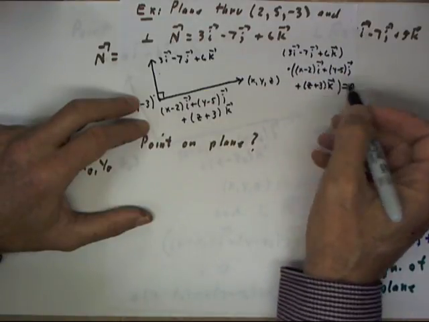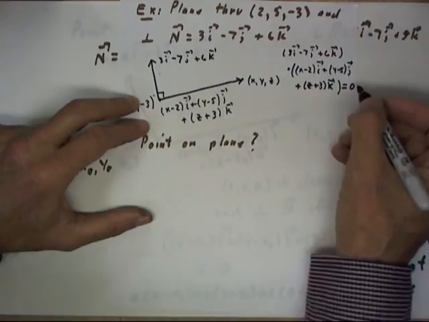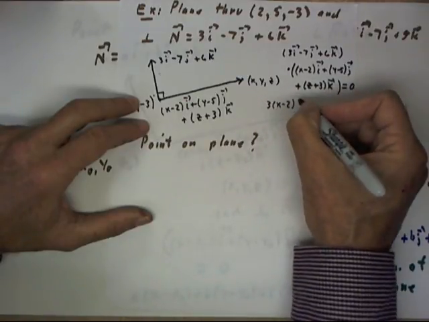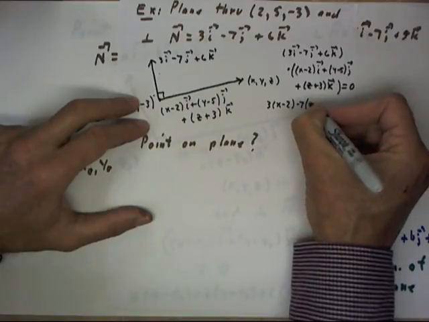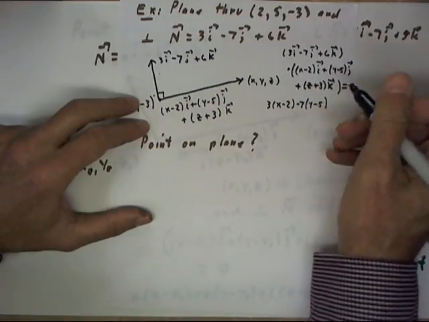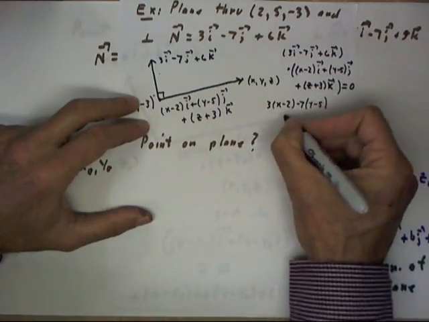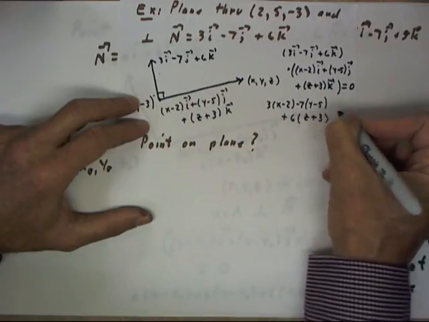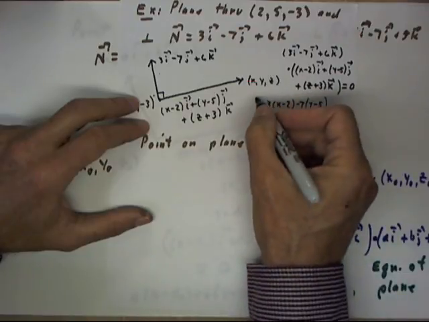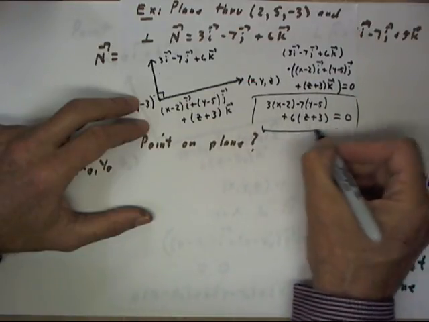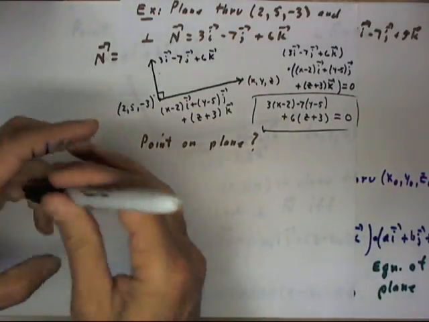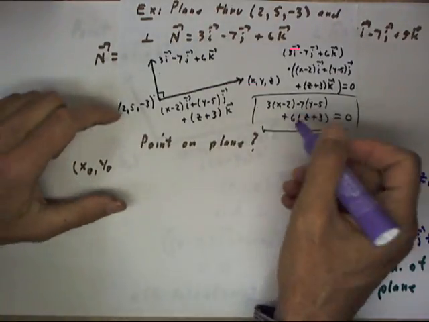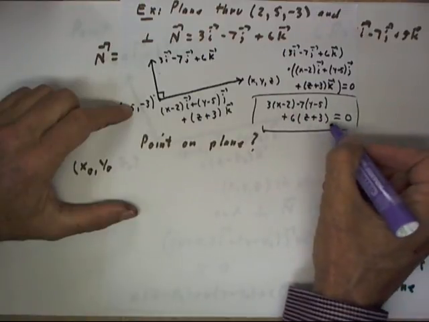Multiplying our i, j, and k components, adding them up and setting them equal to 0, we get 3 times x minus 2, minus 7 times y minus 5, plus 6 times z plus 3 equals 0. And this is going to be the equation of our plane. So our plane is expressed by this equation.